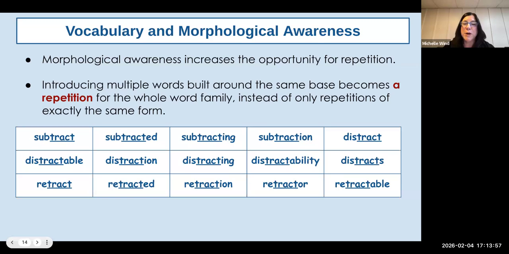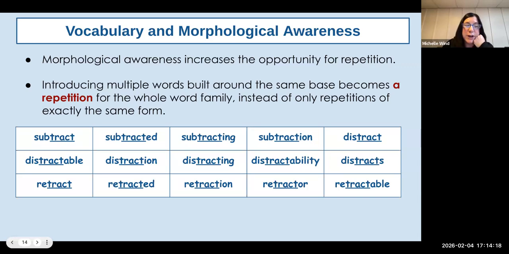Just to reinforce the importance of teaching morphological awareness, looking at words, we know that if we increase the repetition of the bases that we're teaching, they get more exposure, and you get more bang for your buck, as you would say.